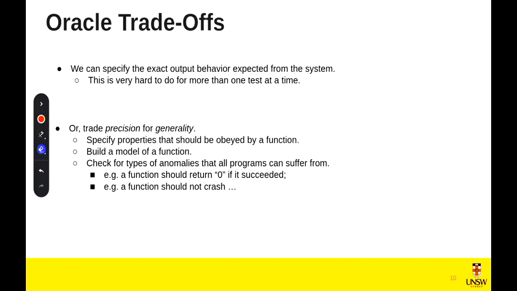And we can also check for crashes. Normally a function shouldn't crash when it executes. But this is less precise because we cannot locate the exact reason for the crash. But we do know there's something bad happening if it crashes. So we are trading precision for generality.